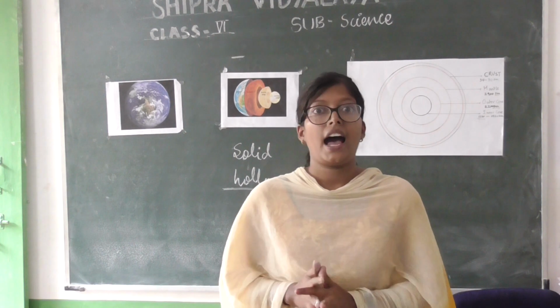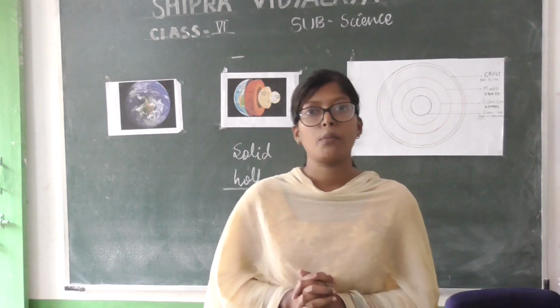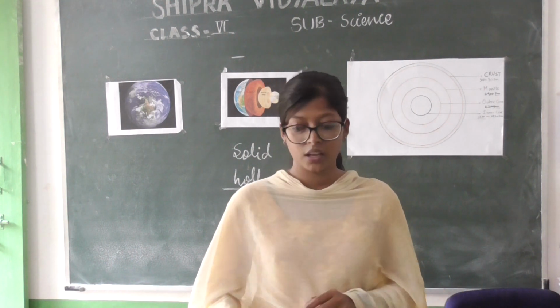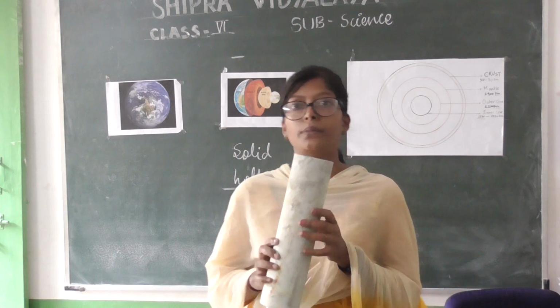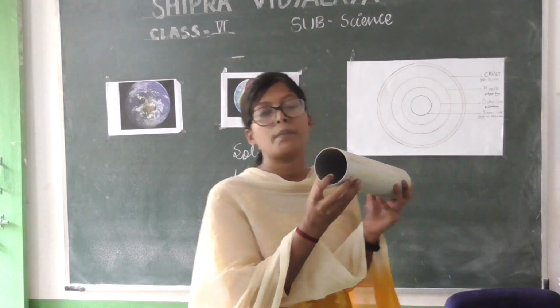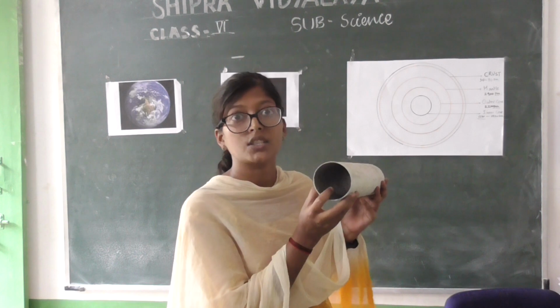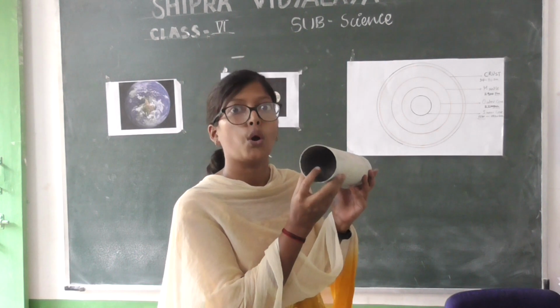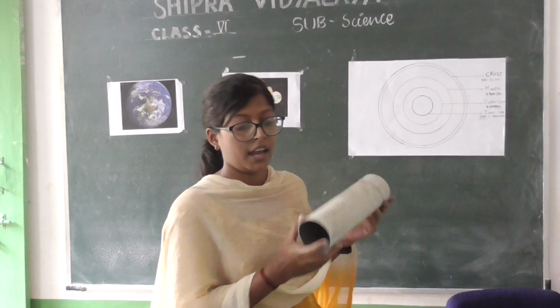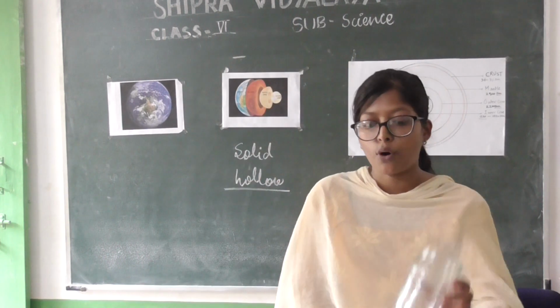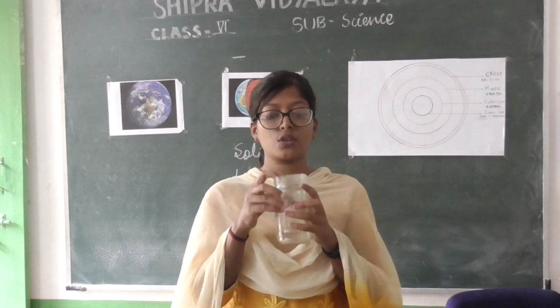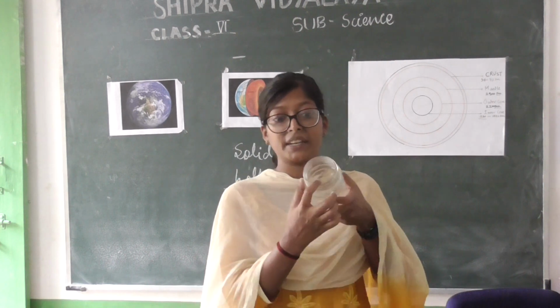Now students, I will show you some objects to make it clear. Look at this pipe. Look carefully. This pipe has a hole. Students, can you see this hole? This pipe has a hole and empty space in it. And look at this bottle. This bottle also has a hole and empty space in it.